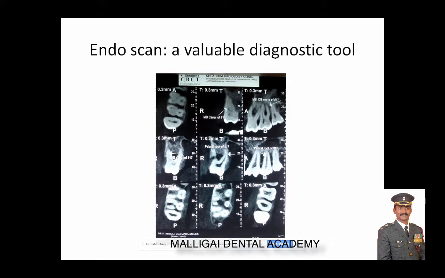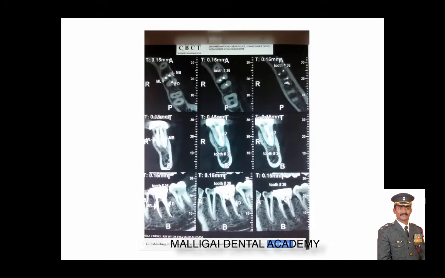Moving on to the second case. This second case was referred by me for an endoscan. This is a repeat root canal case which showed good quality obturation on the radiograph. However, the patient clearly had symptoms of tenderness and also showed furcal radiolucency on the radiograph, suggestive of a failing root canal.